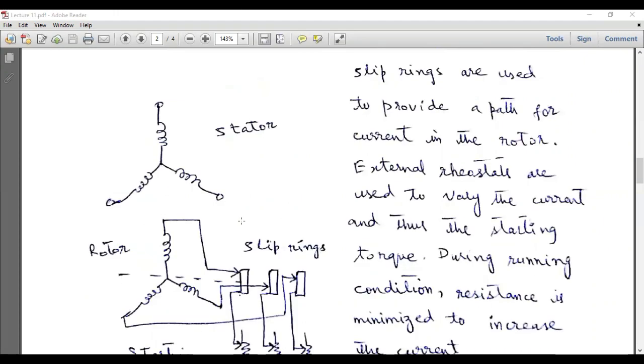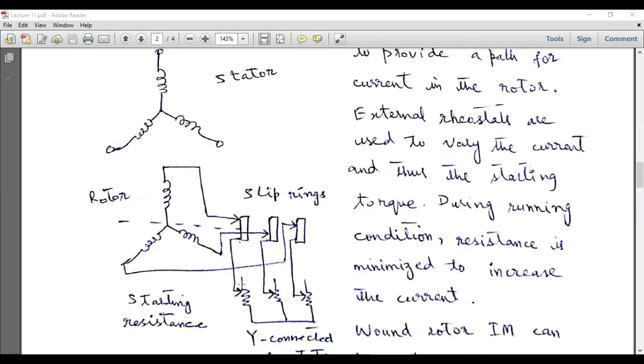externally. So when a motor is running, we have the option to vary the rotor resistance by varying the knobs of these rheostats. And these slip rings are basically used to provide a contact between the rotating rotor and the stationary rheostats. So this is a very promising feature of this type of induction motor.